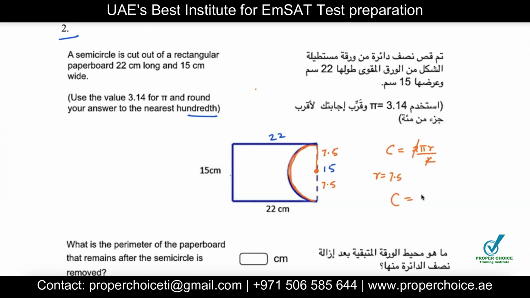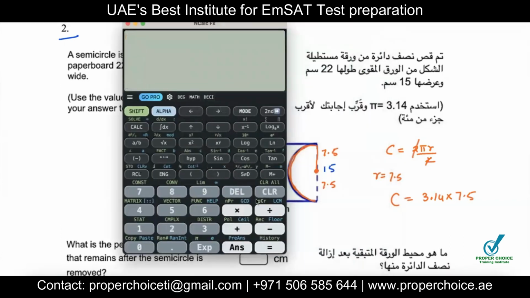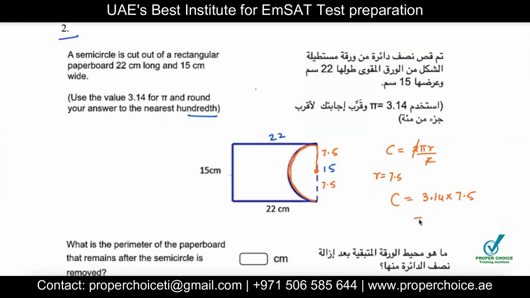For pi, they said use 3.14 times 7.5. So put it in the calculator and check what you get. 3.14 times 7.5, you'll be getting 23.55. So the circumference of the semicircle is going to be 23.55.